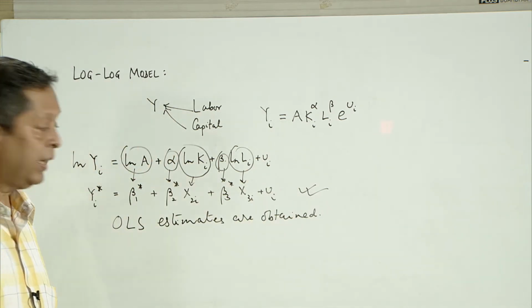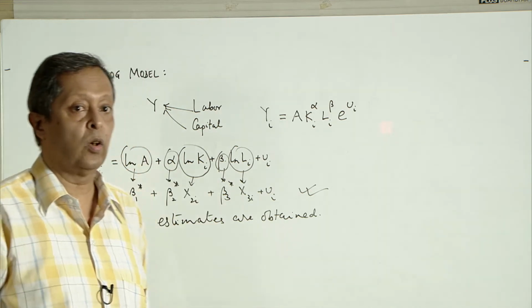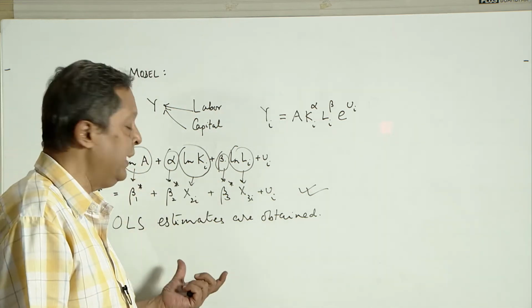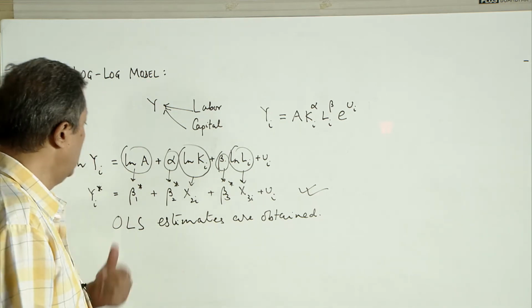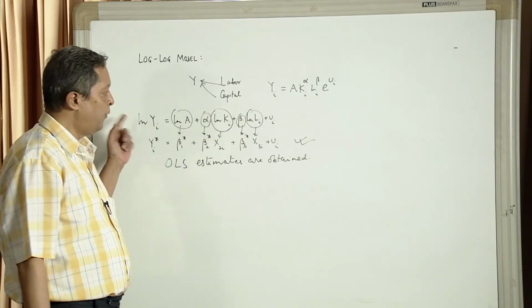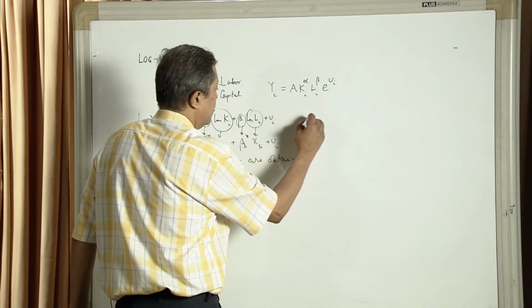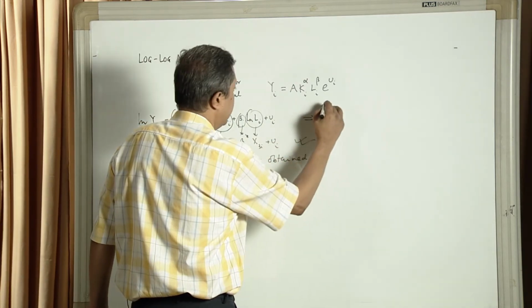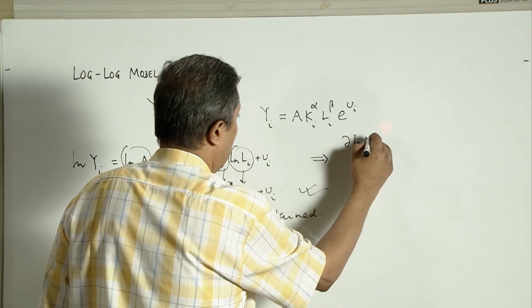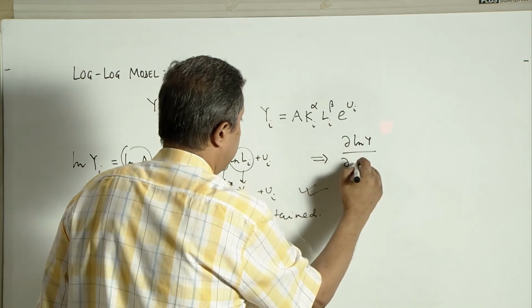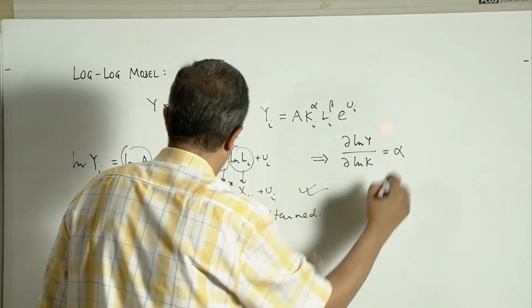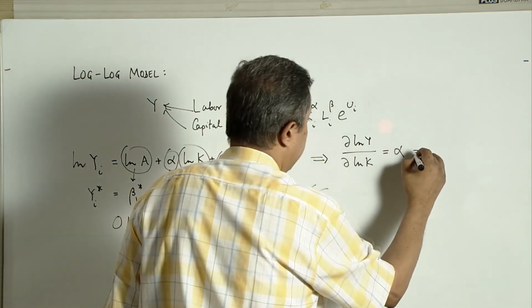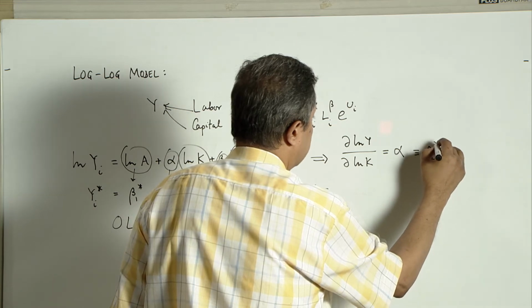Question is, like the earlier case of linear logarithm models, how do we interpret this regression? So, coming back to the original form, we see that the partial derivative of log y with respect to log k is alpha, which is actually defined as beta 2 star.